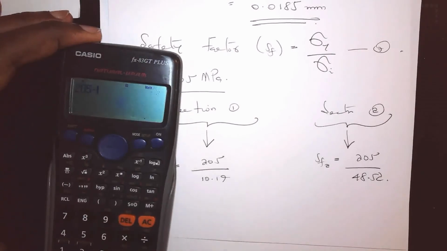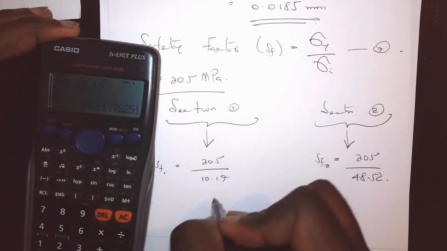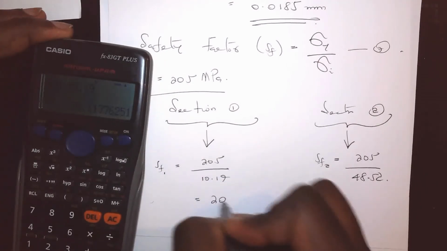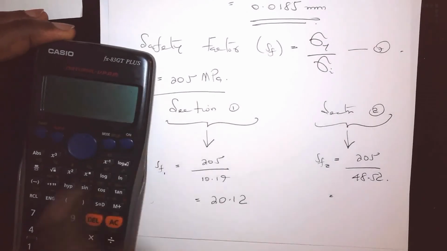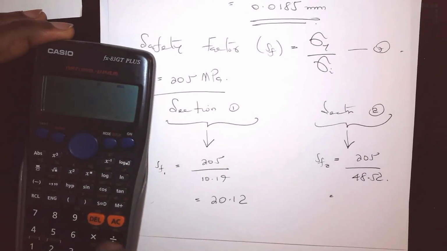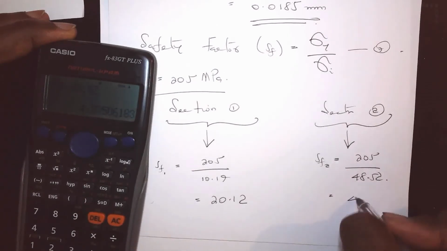205 divided by 10.19, that gives, let's write that as 20.12, and 205 divided by 48.52, that gives, let's say, 4.23.